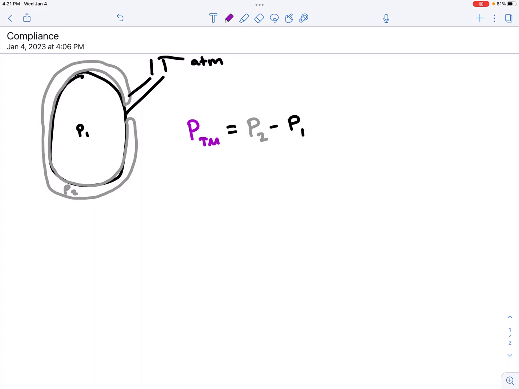But where will the system equilibrate? In other words, how large will the lung get if we pull down with a certain amount of pressure? And that's the question that compliance allows us to answer.